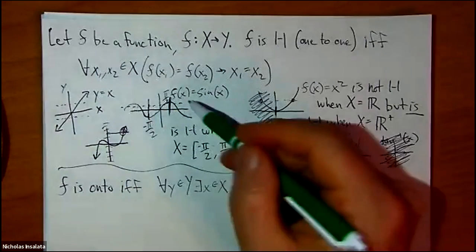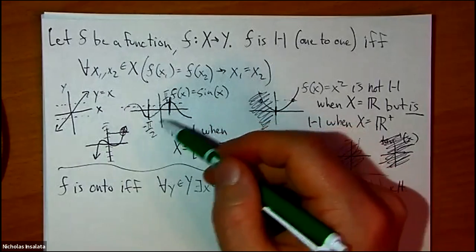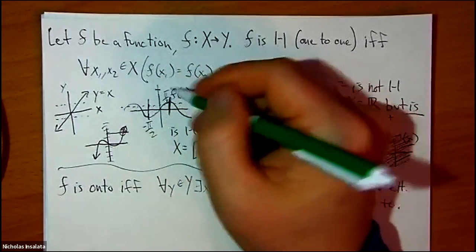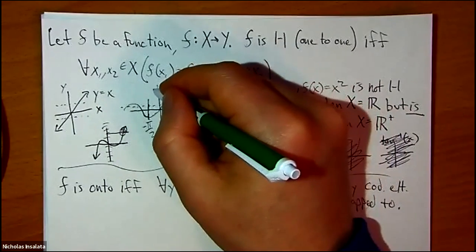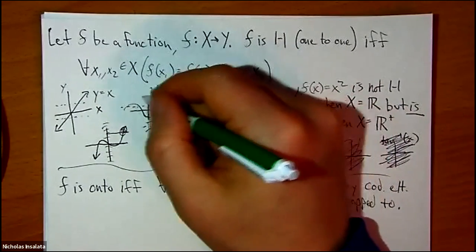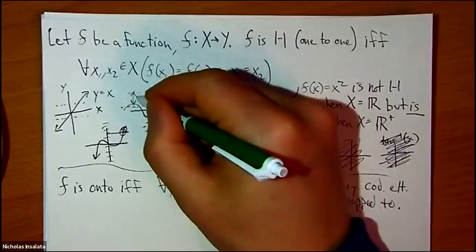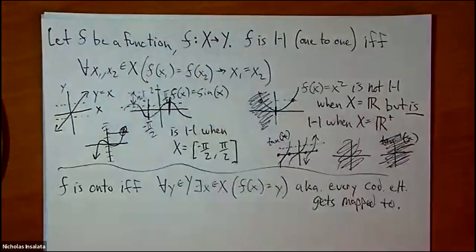So you were right to say, okay, well, sine of x would not be onto y, because if I come up here and I have y equals 2, right, here's 2, and I look and see, well, does that touch my function anywhere here? No, it doesn't. Right? Same thing here.